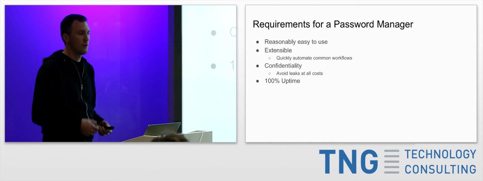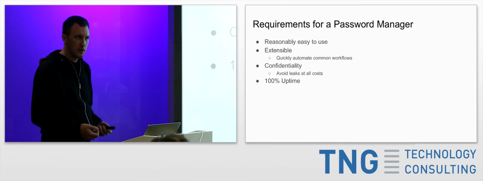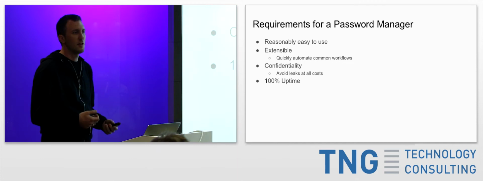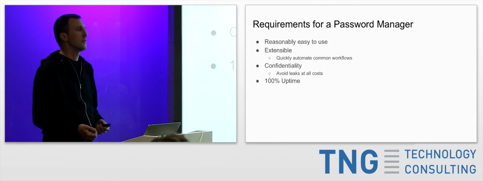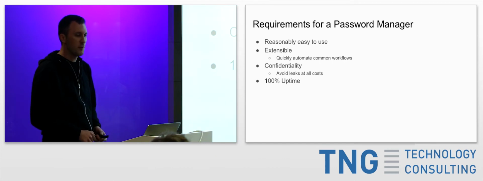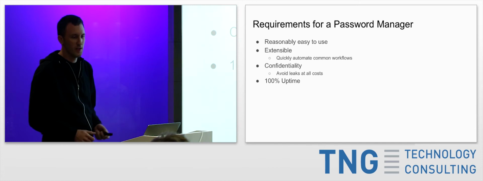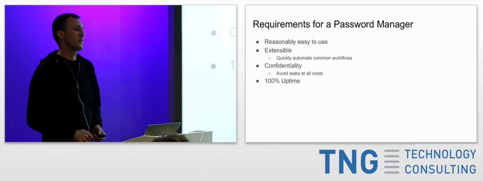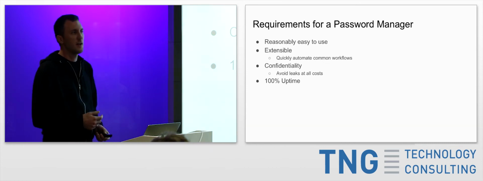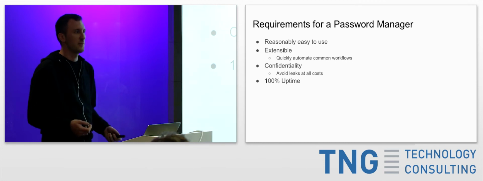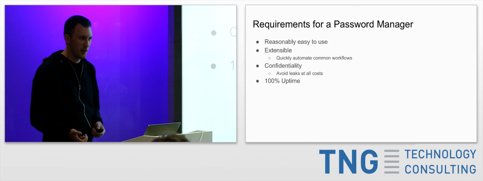Especially for the ops guys in our team, we want to be able to integrate and automate common workflows, so we don't need to click around some GUI every time we deploy something. Of course, confidentiality. I mean, otherwise it's not a password if we just publish it. We want to avoid leaks at all costs, and we were really aiming for 100% uptime. This is defined as: whenever our workstations or laptops are available, the password should be available as well.